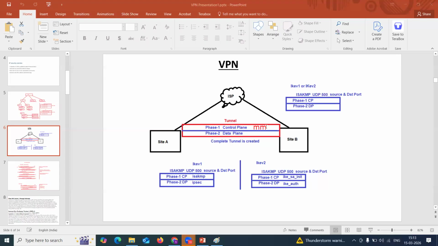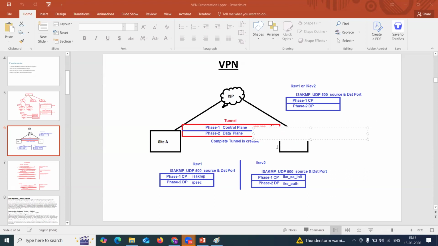I'm asking about phase one main mode. In main mode we have six message exchanges. And what is phase two called? Data plane.